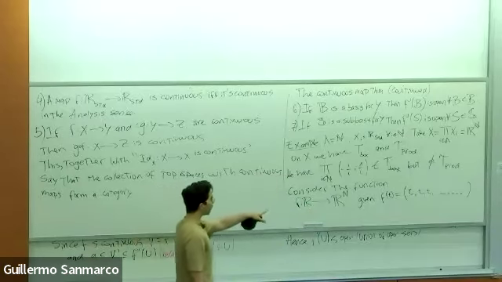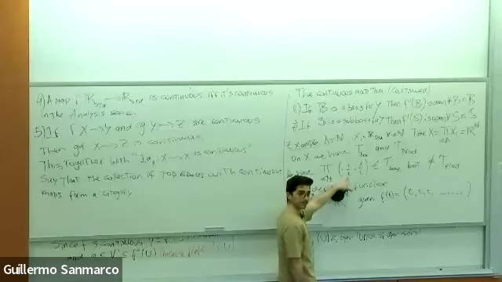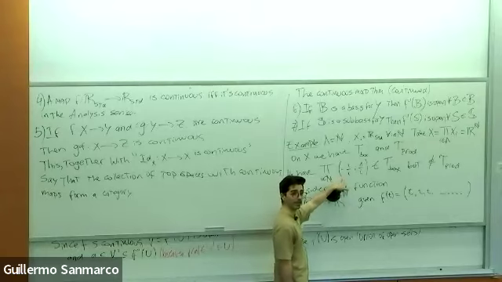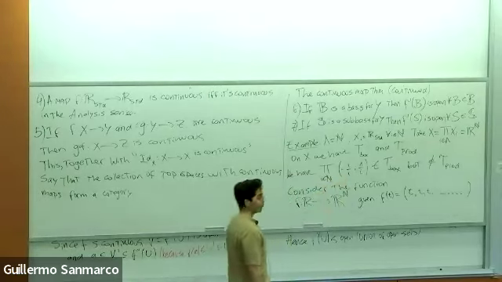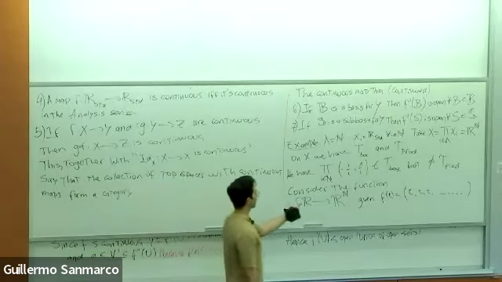But that function is not going to be continuous in T box. Why? What's the preimage of this guy? That's an open neighborhood of 0, 0, 0, 0.